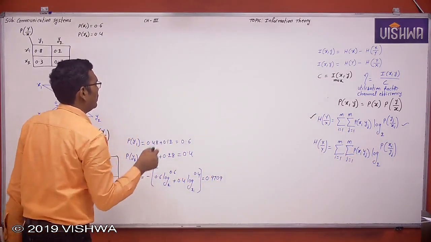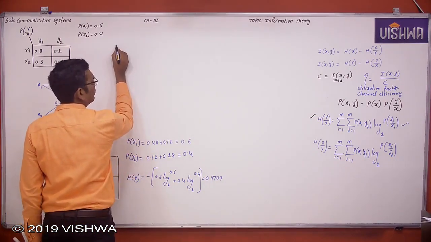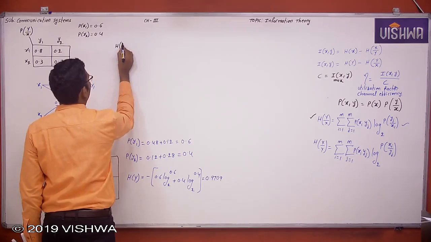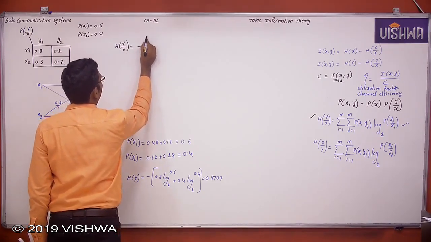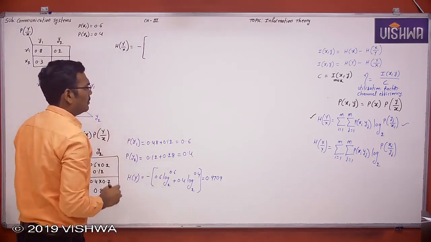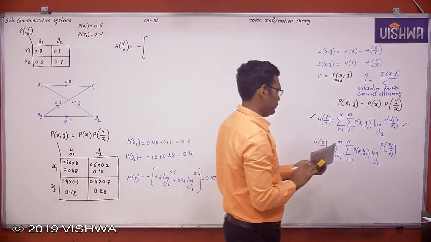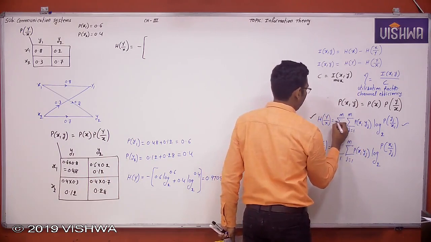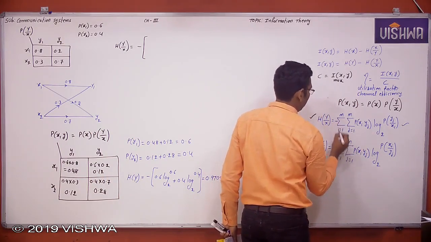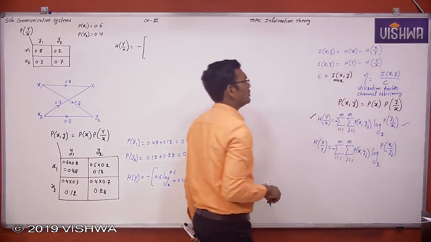Now H of Y by X is nothing but minus, because we are taking log 1 by, which means this is minus.